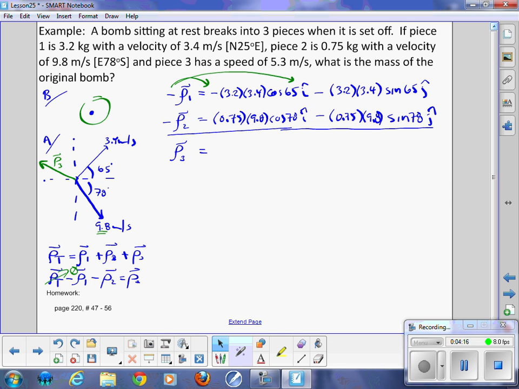There's enough information there for us. So there is the momentum of the third piece of this bomb.